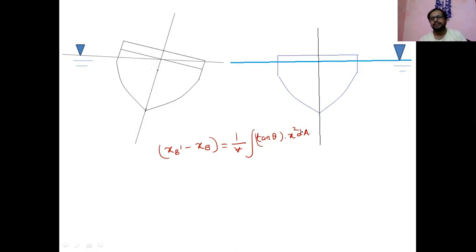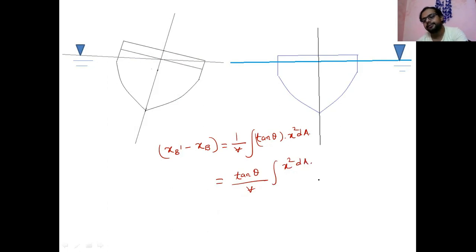Tan theta is not dependent on this area because theta may be arbitrary, any kind of tilting you can give. So tan theta is out of the integration.